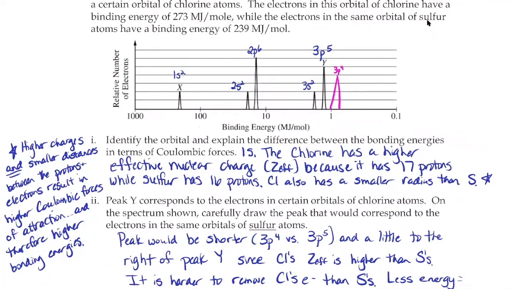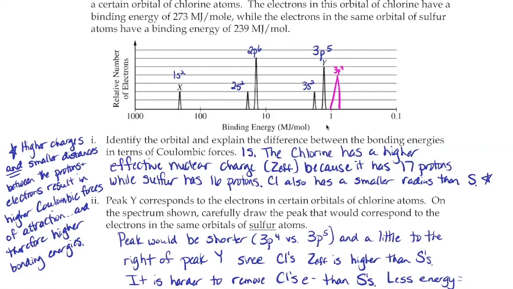How did we know that it was 1s based on the stuff that you guys have learned about Coulomb's law? So there's a couple different ways you can tackle this problem. One is that if you're looking at chlorine versus sulfur, and identifying bonding energies between the two atoms that we're going to be comparing here, the chlorine has higher effective nuclear charge than sulfur does.